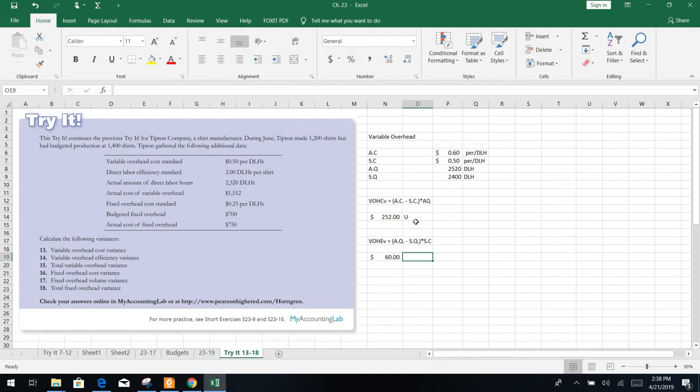And our actual quantity here was higher than our standard quantity, so that means it is unfavorable.